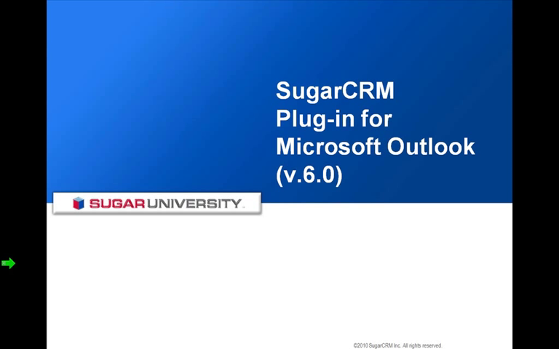On the training locator, you can find a trainer or a class that may actually be near you if you want a live class, or find another online class to attend on Sugar University. Okay, so this is just an intro, but you're more than welcome to sign up for one of those other classes also.